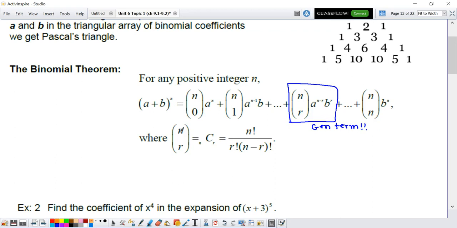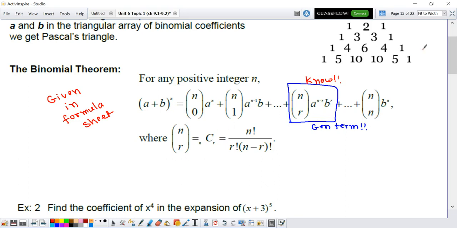If you find everything and then find the particular term, you are not being efficient. The good news is this binomial theorem is given in the formula sheet, but I wouldn't count on the formula sheet. I would just memorize this general term: n choose r, a to the n minus r, b to the r.